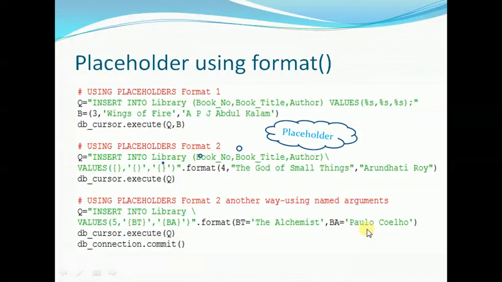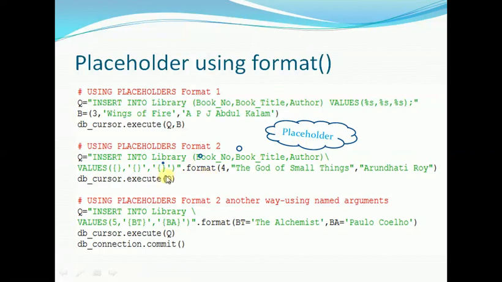Now let's have a slight variation for this placeholder. We can use a format function to specify the placeholder. This is how we normally do the placeholder, just giving percentages. We are supplying the values for that, and those values will be replaced for this percentage.